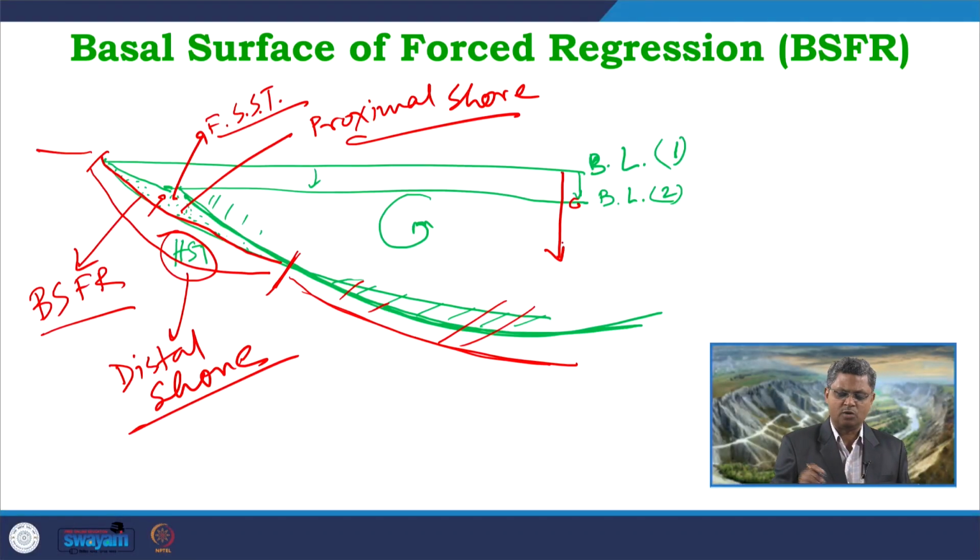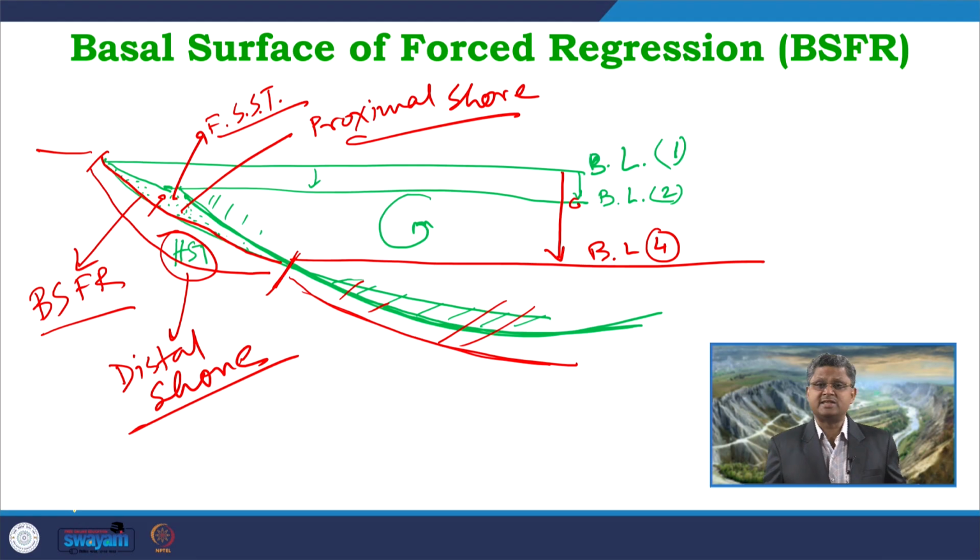So, if I look at this particular diagram, say instead of this much of fall, the base level fall comes down to this, up to this much of level. So, say this is base level fall at time t4, BL4, and base level is coming down to this level. So, in such cases, the wave reworking is now going on over here.